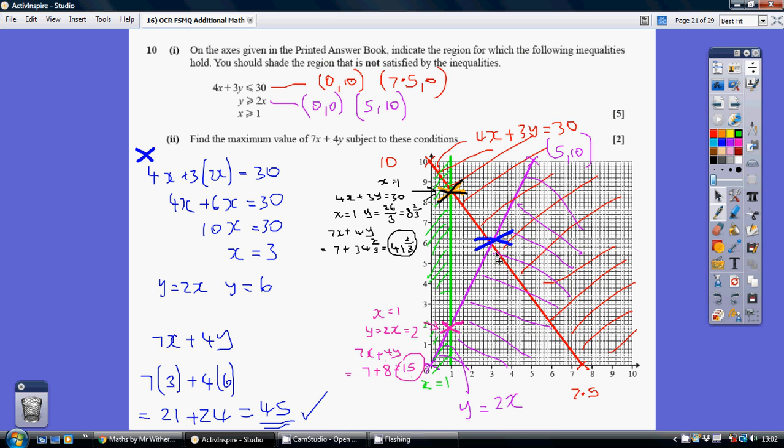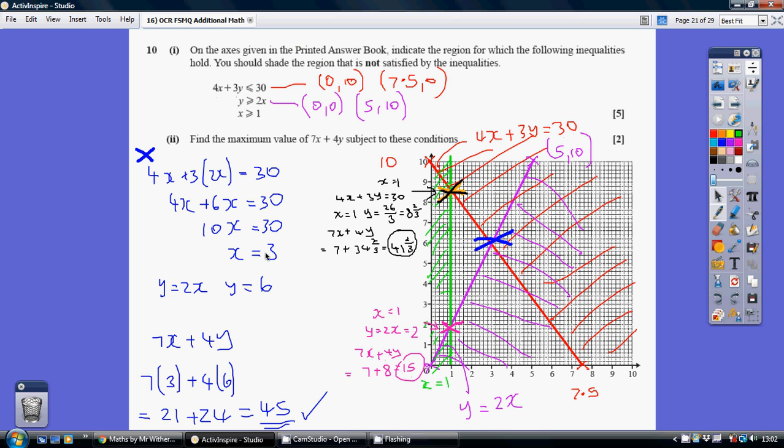Now let's have a look at this blue point here. This is where the purple line, y equals 2x, equals the red line, 4x plus 3y equals 30. So I've done that simultaneous equation over here, substituting in y equals 2x into 4x plus 3y equals 30. I'm solving 4x plus 3 lots of 2x equaling 30, giving me an x value of 3.